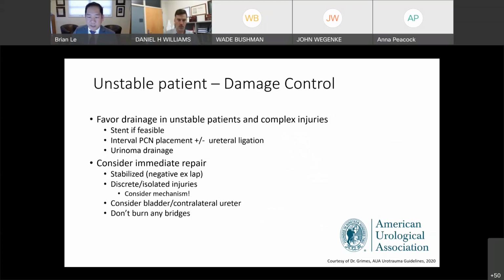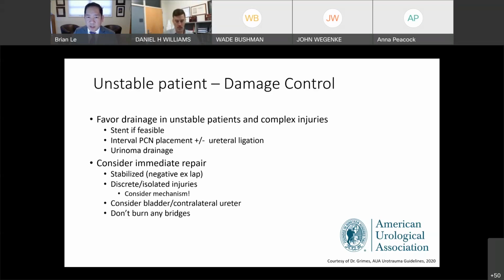So what about the unstable patients? For the unstable patients, it's primarily damage control. You're really trying to give priority to the life, to the high risk injuries, which are likely going to be other organs and things of that sort. So stent if feasible, PCN placement, urinoma drainage.